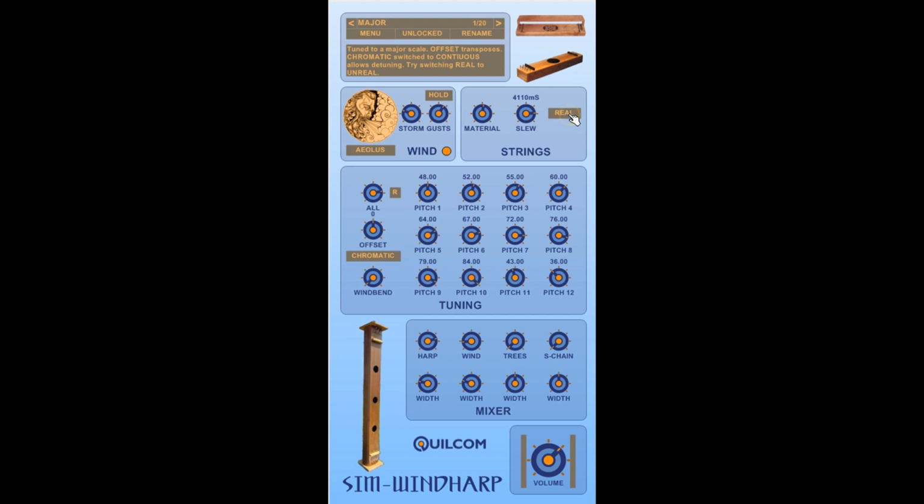Real and unreal. Real is a realistic, well, I hope a realistic simulation of the behaviour of an Aeolian harp, where the transition between harmonics has an exponential relationship. If we go to unreal, it switches over to a linear relationship, which, whilst unreal, I think is also quite interesting sound.